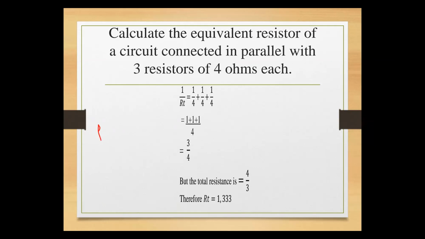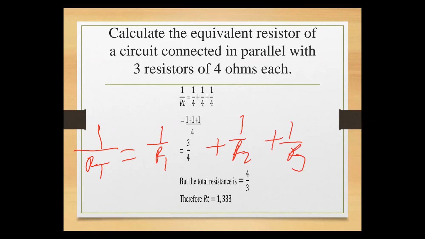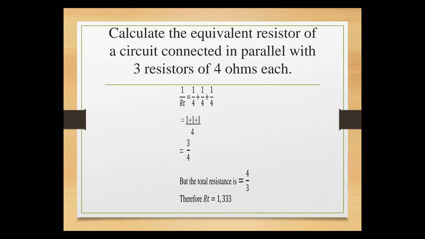You say 1 over RT is equal to 1 over R1 plus 1 over R2 plus 1 over R3. Once you have calculated the sum, then you invert. That's when you get your total resistance. So for example, here, they say each is 4 ohms. So 1 over RT would be 1 over 4, 1 over 4, 1 over 4.